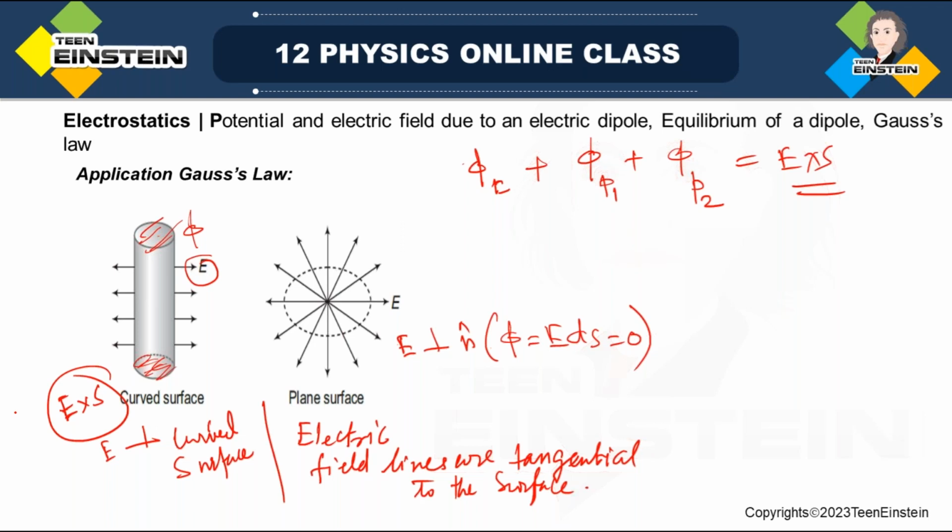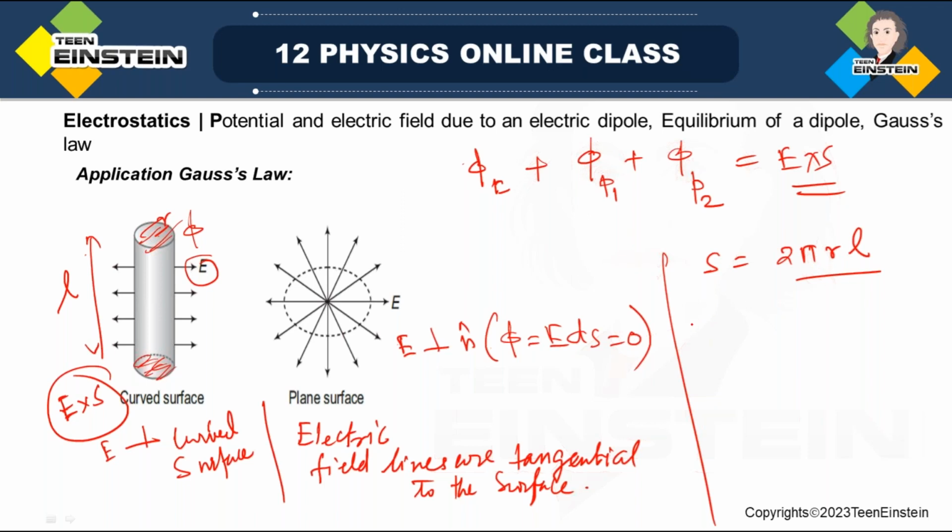The curved surface area is 2 pi r into L, where L is the length of this cylindrical Gaussian surface and small r is its radius.